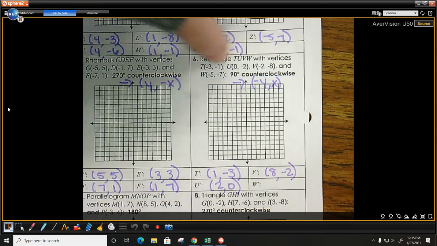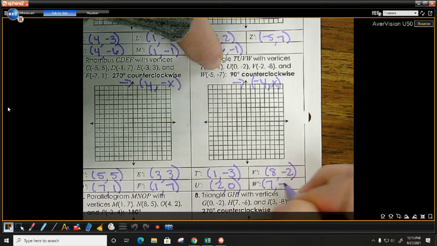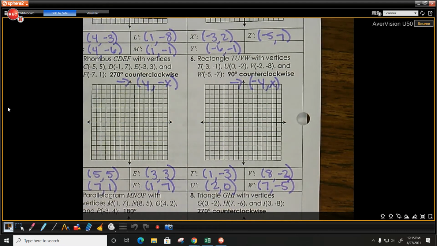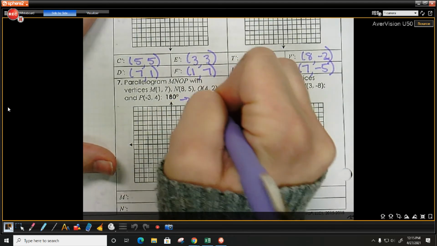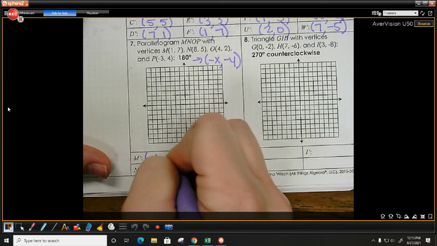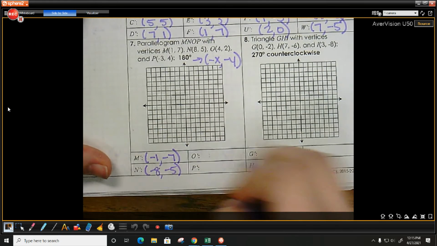And what's W prime? Okay, 180 just becomes negative x, negative y. Just change the signs. So what's M prime? N prime. O prime. P prime.